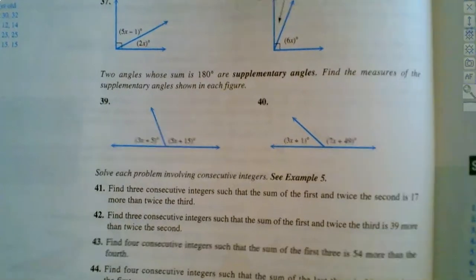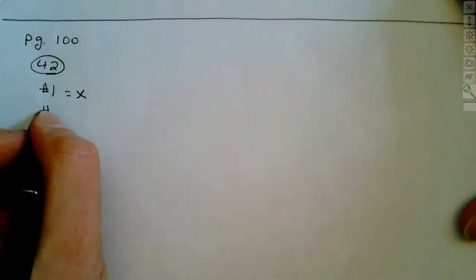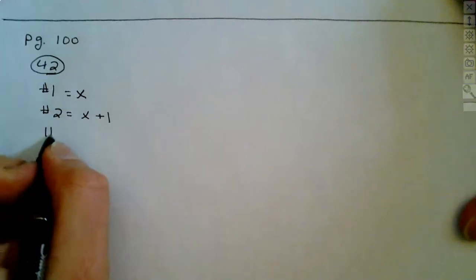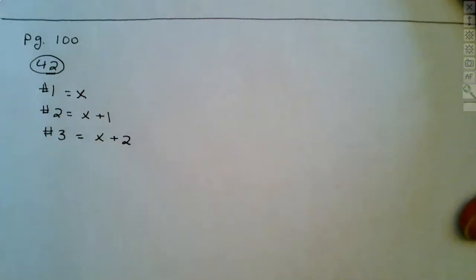So first thing we work with is the integers. Now we know we need 3 of them, and they're consecutive. No even or odd, so that means my gap is 1. So the first one is x, second one is x plus 1, third one is x plus 2.